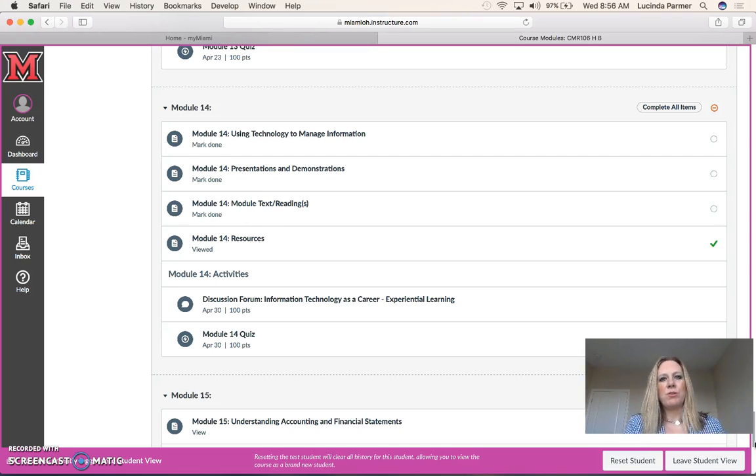We only spend one module, or one chapter, on technology in the business world. But it's a very important chapter, because wherever you go to work, that company is going to have its own type of computer intranet system, that may be very unique to that company, that you have to learn.